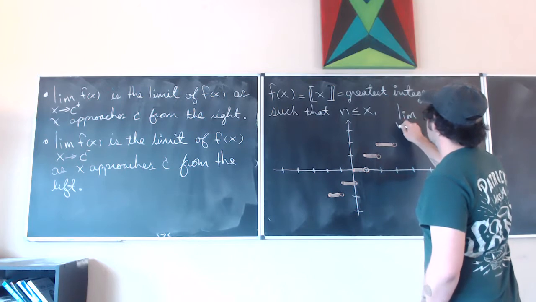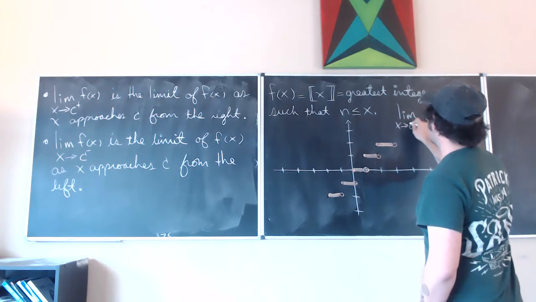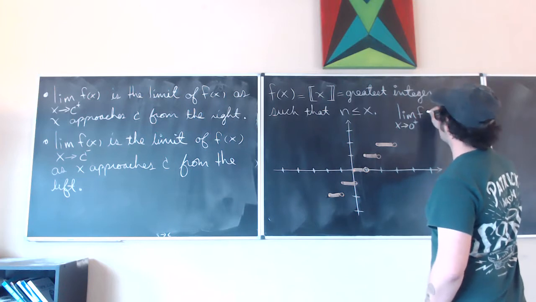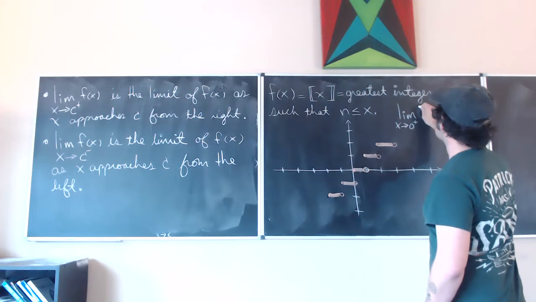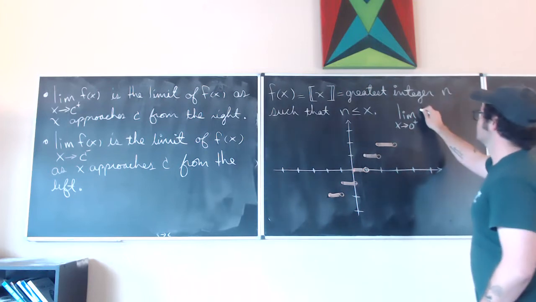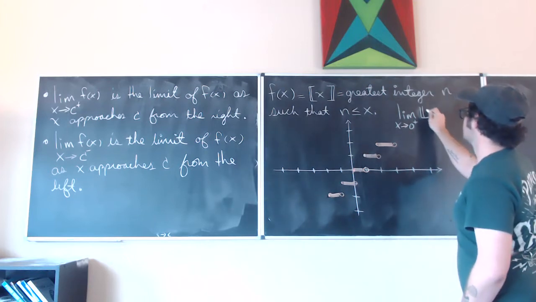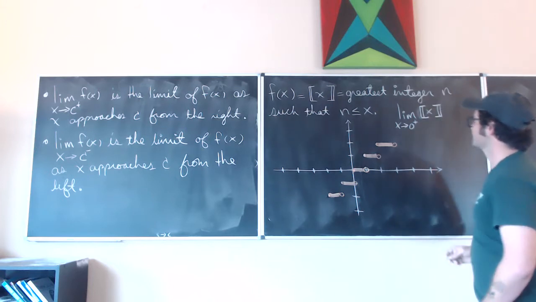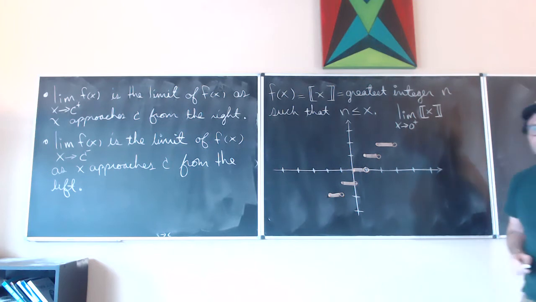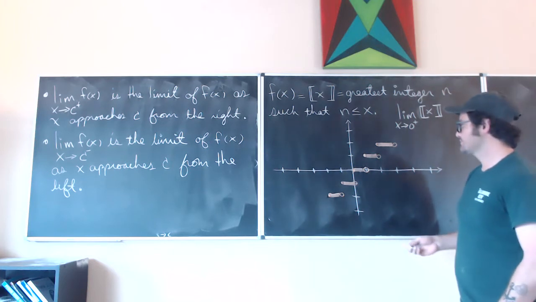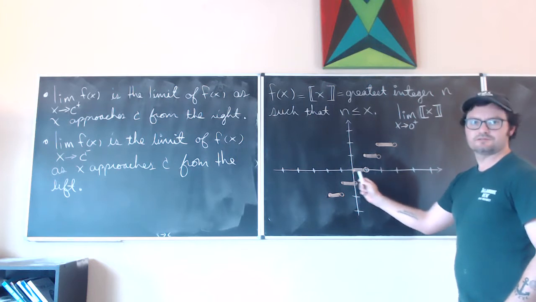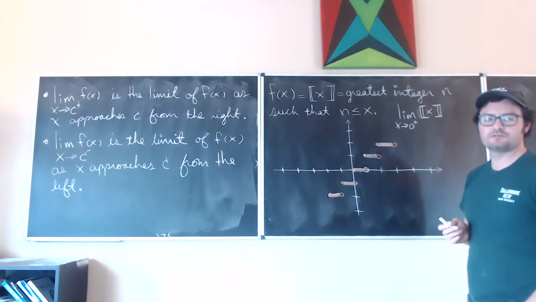So what's the right-hand side limit of this function here, as x goes to 0? So we're going that way, right? So we're starting over here and heading. So what's this limit going to be?